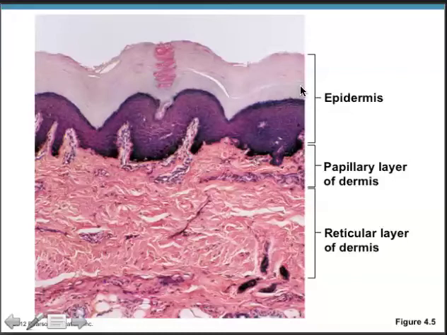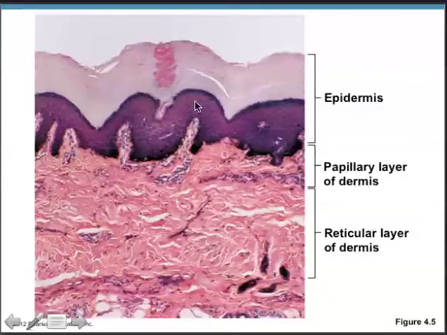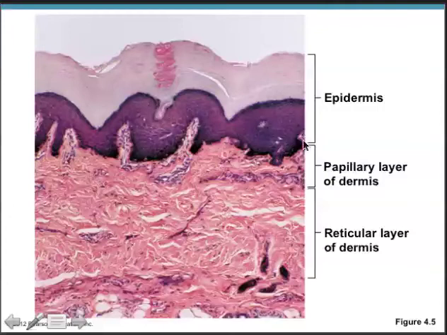Notice the stratum corneum, shown here, the upper layer of dead cells, this is the granulosum, the spinosum layer running through here, and of course the germinative layer, which we already indicated.